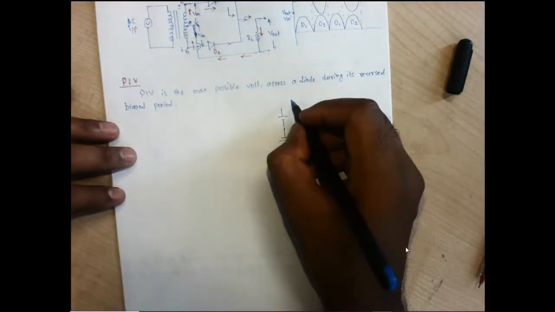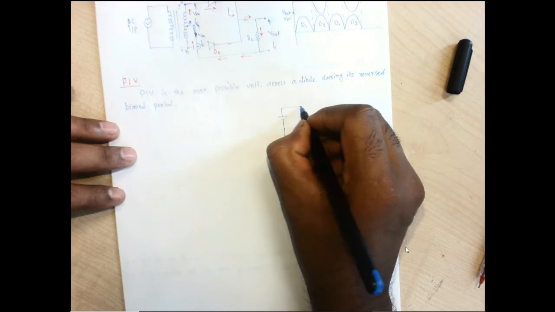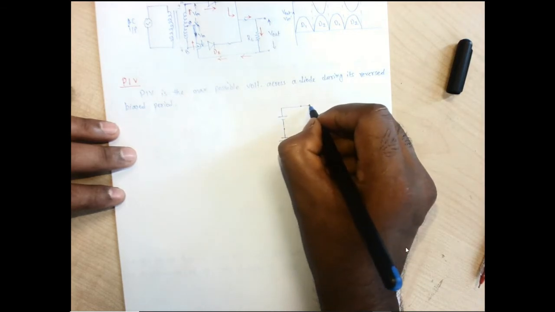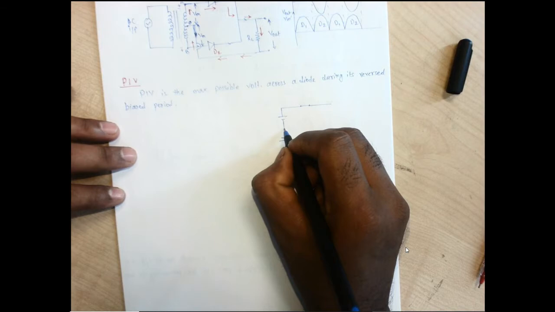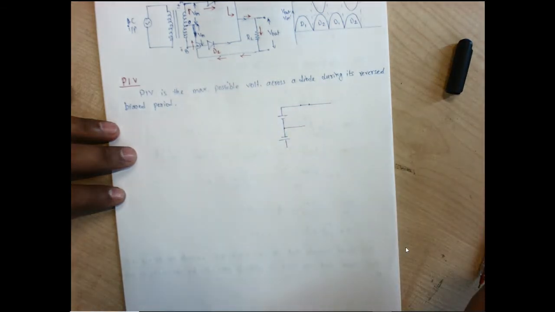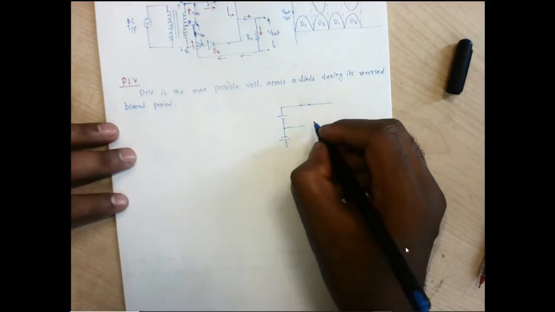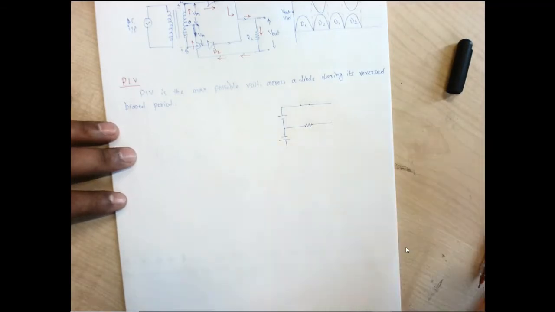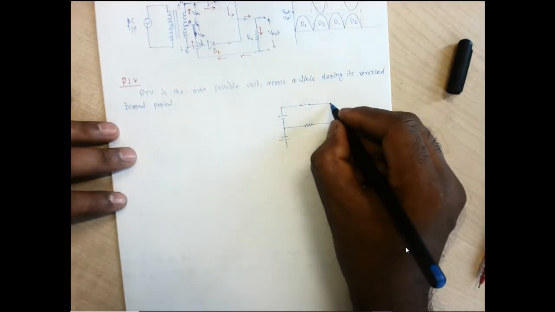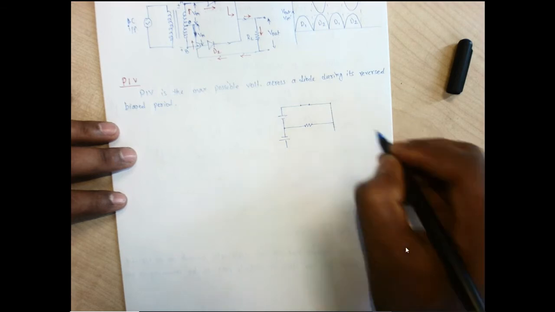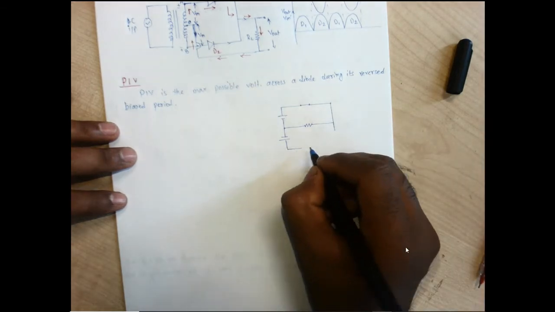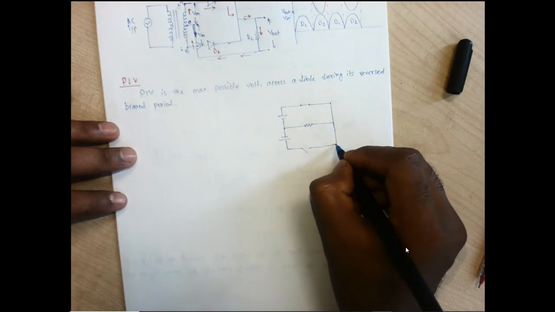So this D1 is short circuited. This is the load point that has been taken out, so I am just simply drawing this load point. This one has been taken from this line, which has been connected to the open circuit D2.